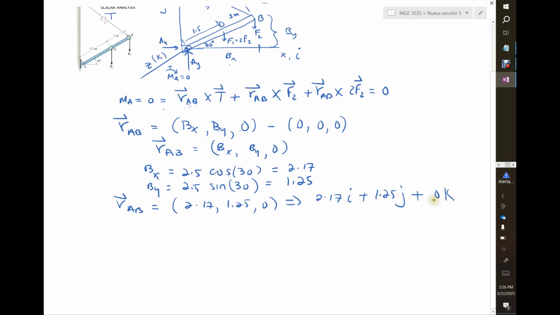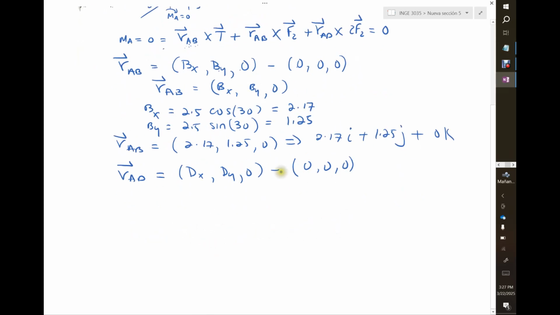Now what else do we need? We need the other vector, which is called RAD. What is that? Well, basically the same as we did for the other one. That would be dx, dy, and 0 minus the origin of that vector, which is 0, 0, 0.